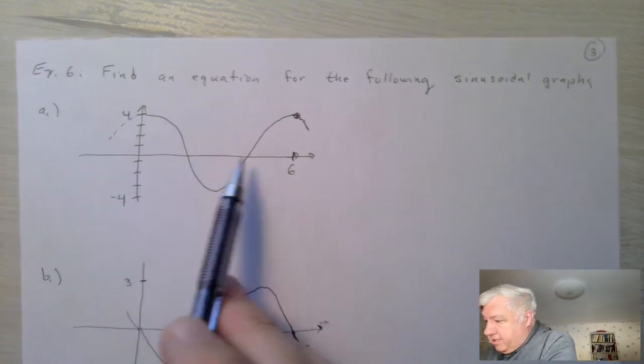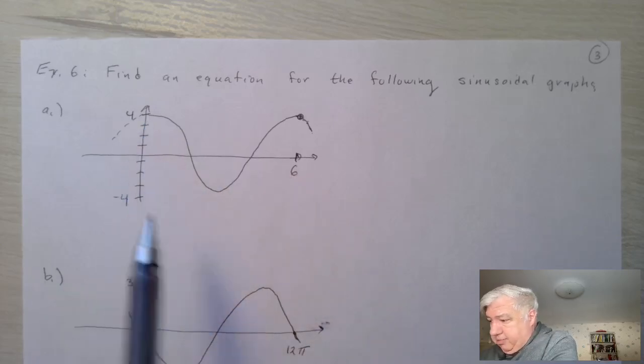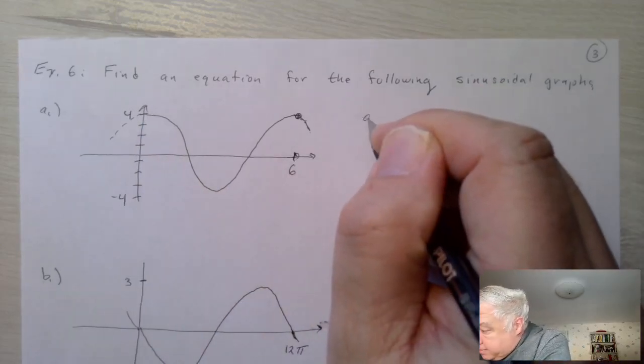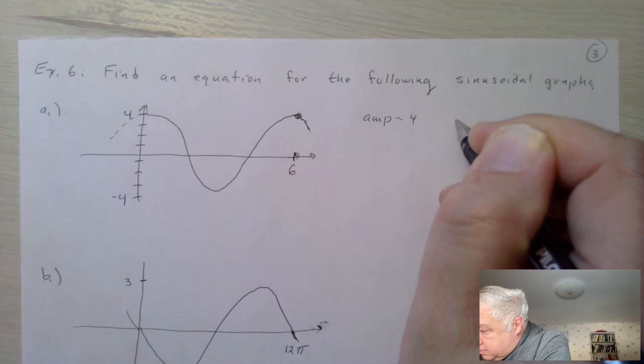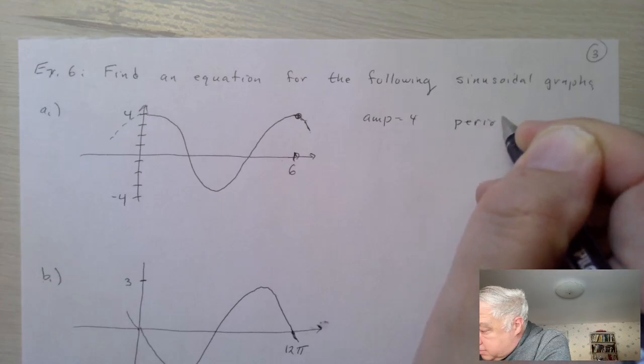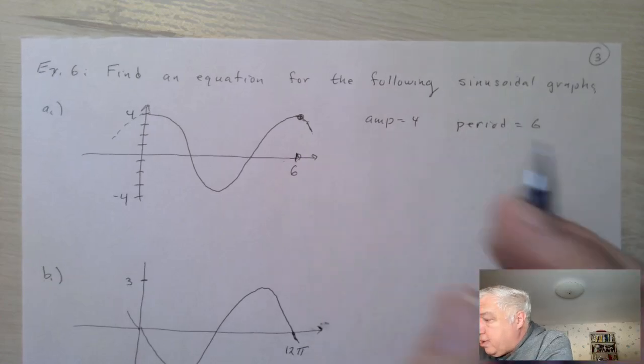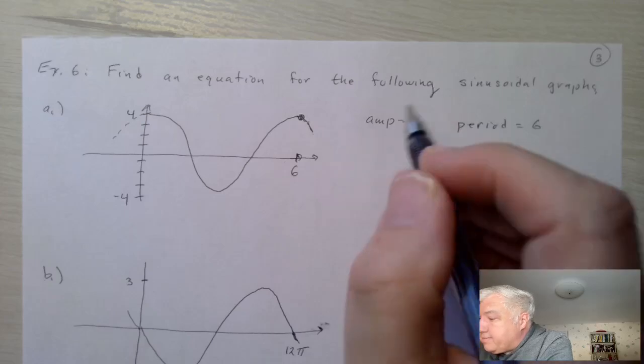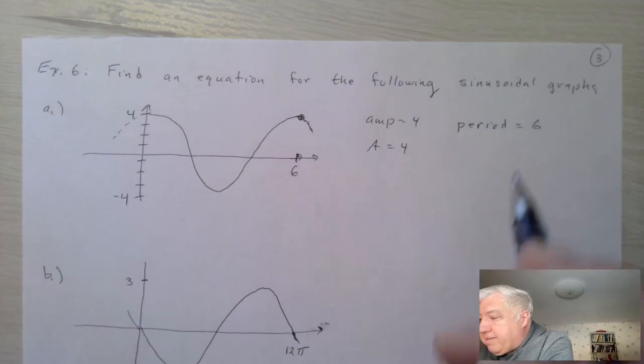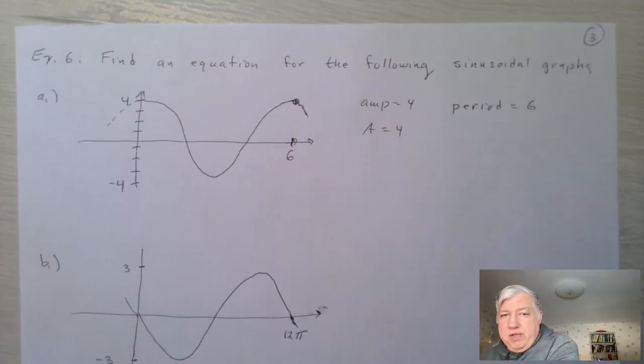We can see the period is 6 and the amplitude is 4. So that tells us that A, we can take A to be 4, or maybe it'll be -4. We'll see what we need.